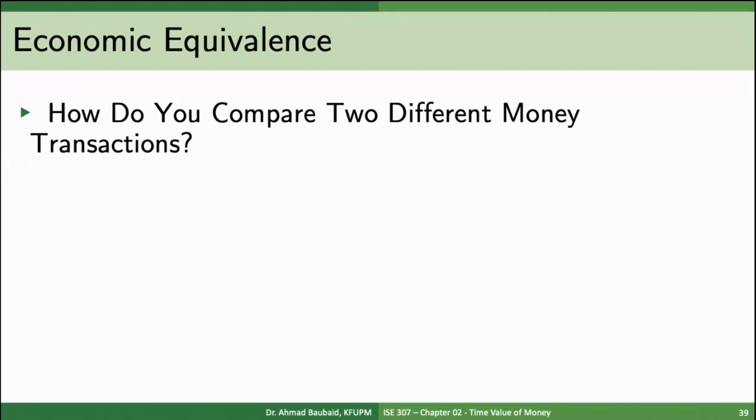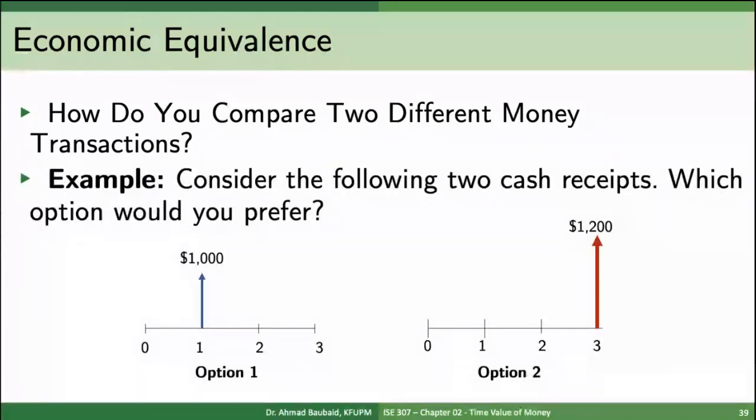And then I started talking about economic equivalence, another central concept in this chapter. Basically, it's going to answer the question, how do we compare two different money transactions? We saw in the lottery example that sometimes you would have two different cash flows, two different amounts of money at different points in time, and we need a way to compare these.